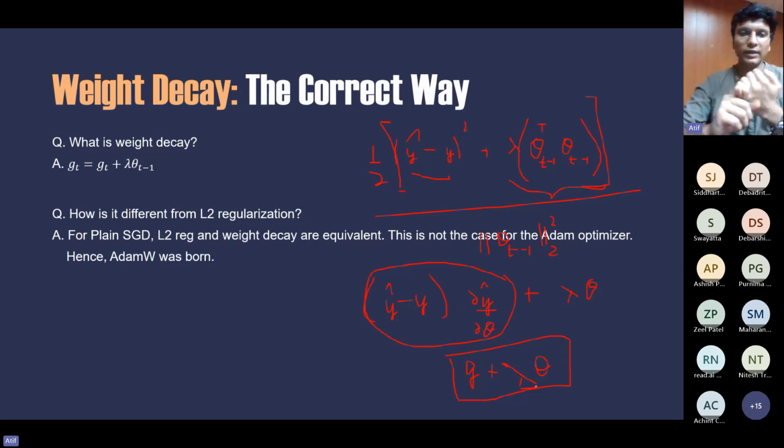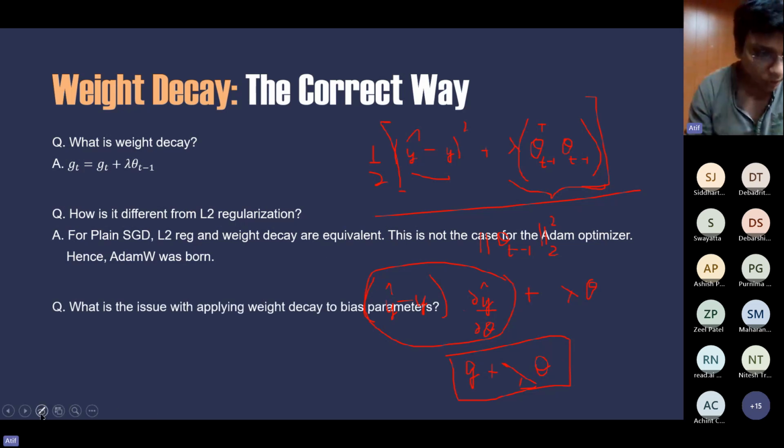So if you take weight decay, if you apply lambda, it gets clubbed with the momentum factors. If you apply L2 regularization and use Adam, then this lambda parameter does not get clubbed with the momentum factors. So some of the deep learning practitioners found this problem out and then proposed a new optimizer called AdamW, and that was the entire reason why AdamW was born.